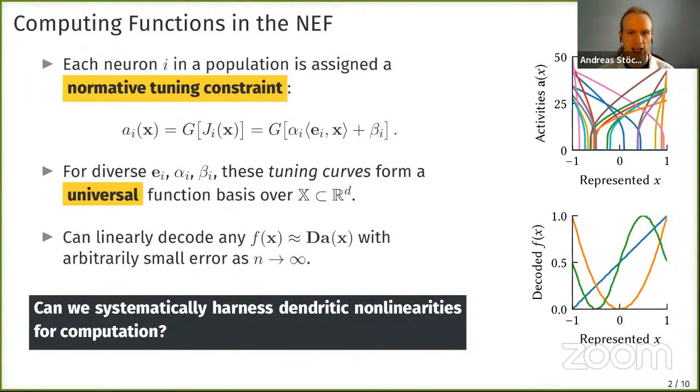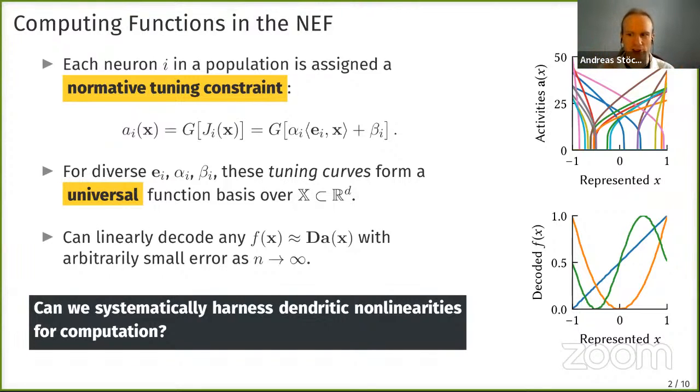Now, given that the NEF allows us to construct universal function approximators, the question is, of course, A, whether it's possible to harness dendritic nonlinearities and somehow do better, and B, whether doing this actually helps us in any way, because as I said, we are already able to construct a universal function basis.